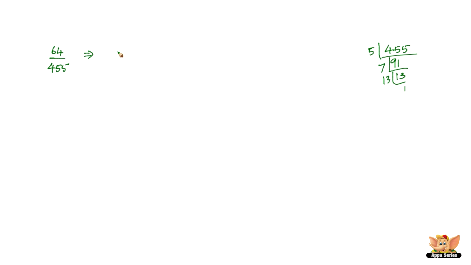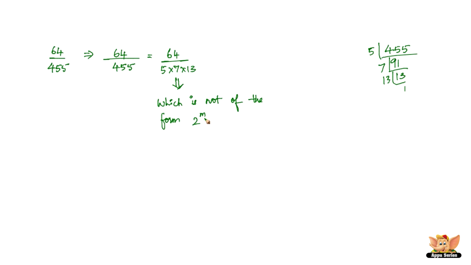So now 64 divided by 455 can be written as 64 divided by 5 times 7 times 13, which is not of the form 2^m times 5^n.